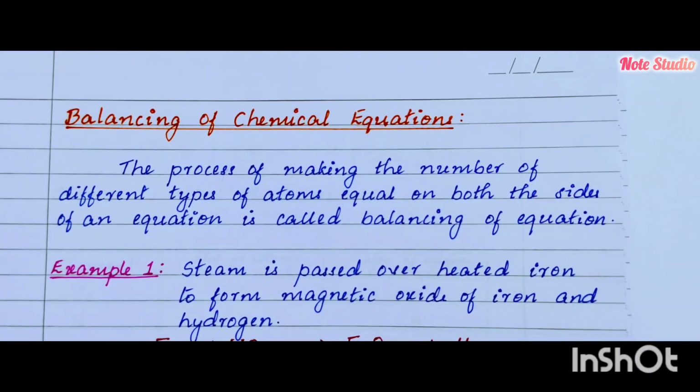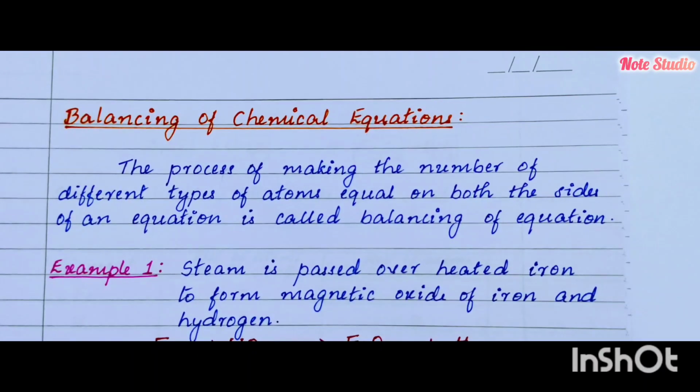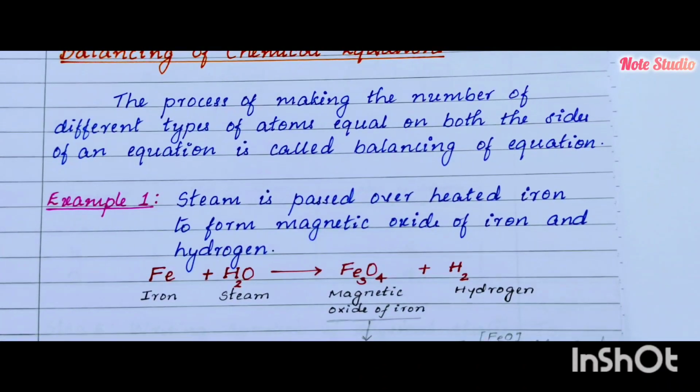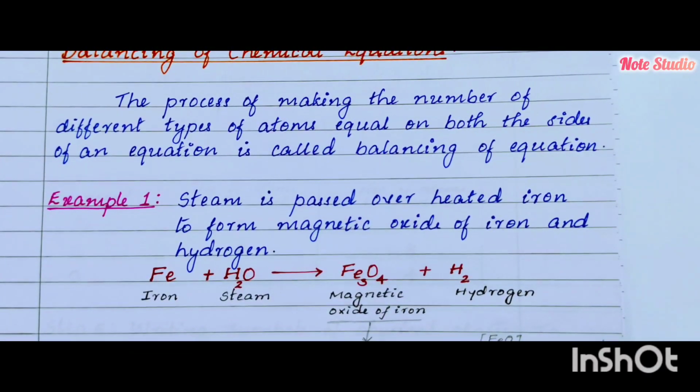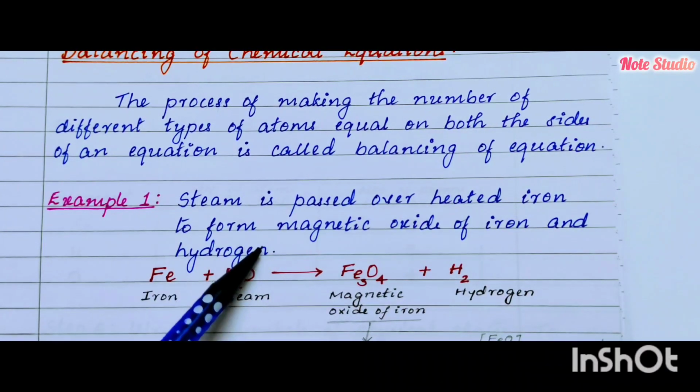Now the question is about how to represent magnetic oxide of iron. Let us study. Now this is the chemical equation. This reaction is represented as chemical equation using the symbols and the formulas.